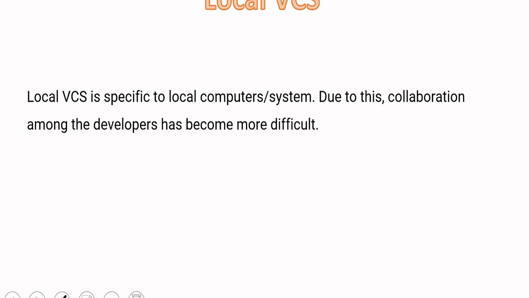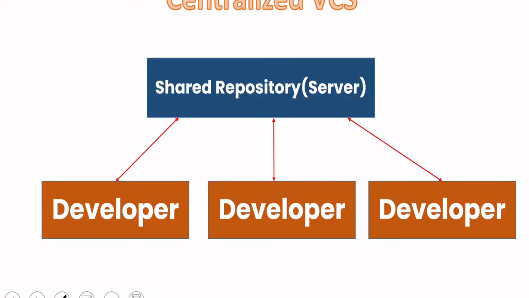Next, this we already discussed. One is centralized VCS. Centralized VCS was developed by overcoming the drawbacks in the local VCS. If you go for the centralized VCS, you will have a shared repository. That means you will have shared code.